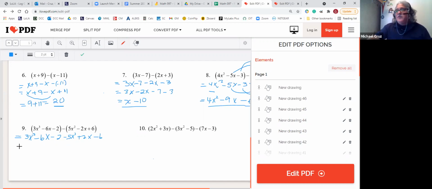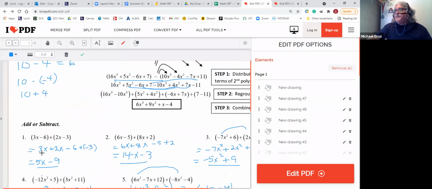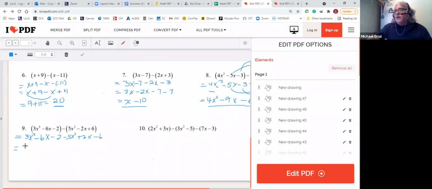And now, as I said, you can put all the like terms together to make it a little bit less confusing, like they did up here. See? I'm not going to use the parentheses. I'm just going to set them next to one another, so I can more easily see that. So those are the like terms.